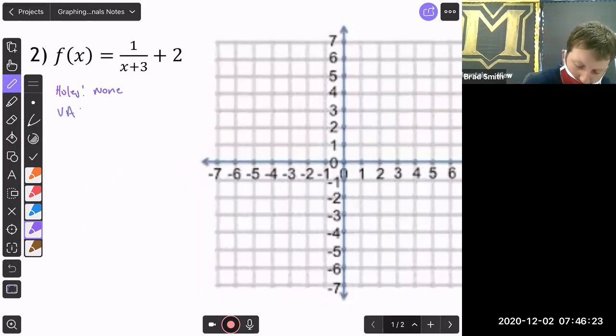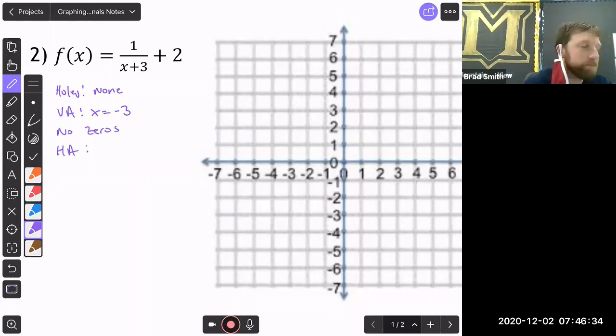Vertical asymptote, x is equal to negative 3 because that's the denominator. No zeros as well. Horizontal asymptote, it's bottom heavy, right? So y equals 0. And then I have to add that 2 from the end. So y is going to equal 2. We talked about that yesterday.